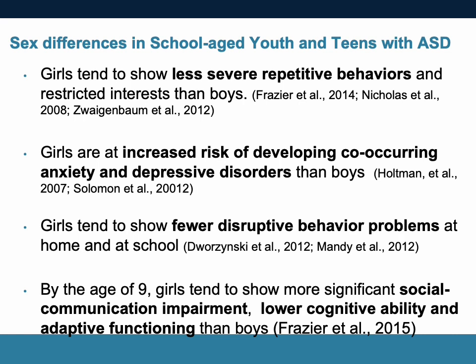Girls tend to show fewer disruptive behavior problems at home and school. That's true whether you have ASD or not, and it is thought that part of the reason that we are under-identifying girls in the school system is that they are able to kind of fly under the radar and can respond to some of the response to intervention approaches that we take, and may not necessarily seem to require identification until we get farther down their educational path and realize that there are a lot of gaps in what they've actually learned.